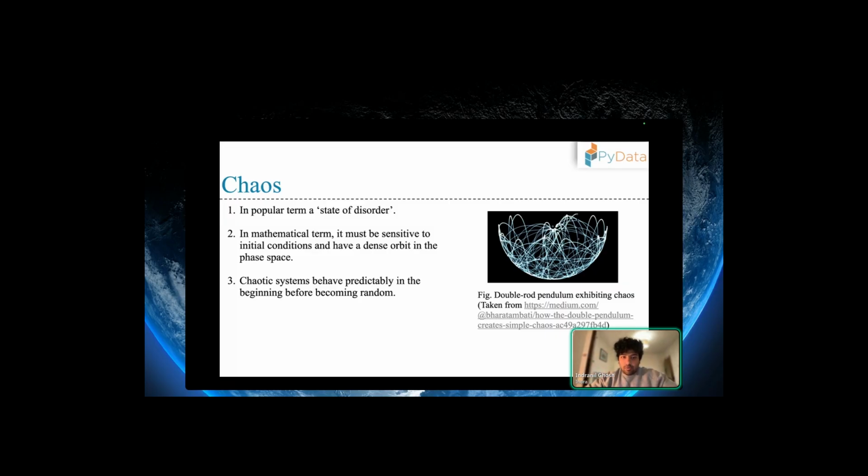That's what chaotic dynamics is. Chaotic systems behave predictably in the beginning, but as time goes on they start becoming random. This kind of behavior has also been seen in neuron models and neuron dynamics.